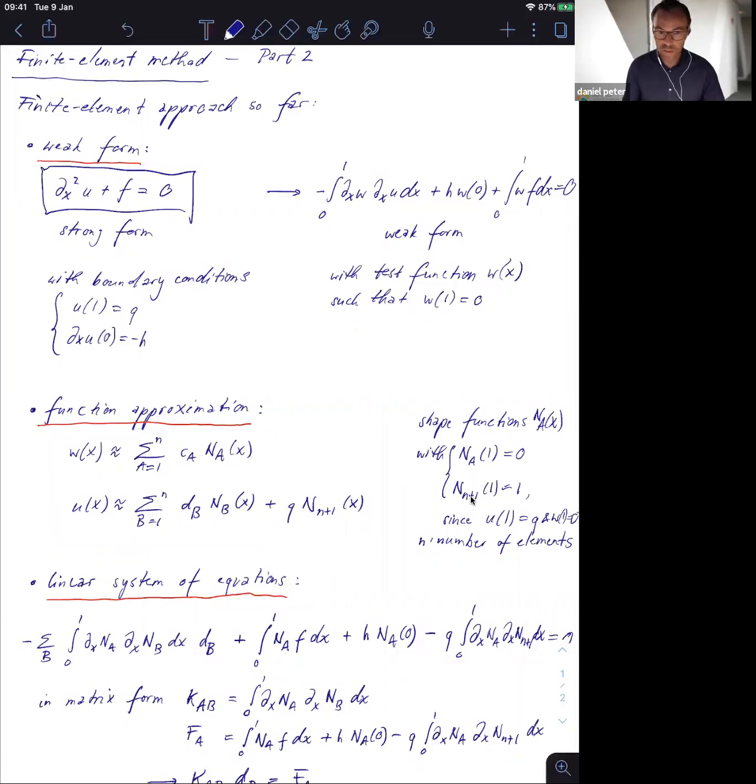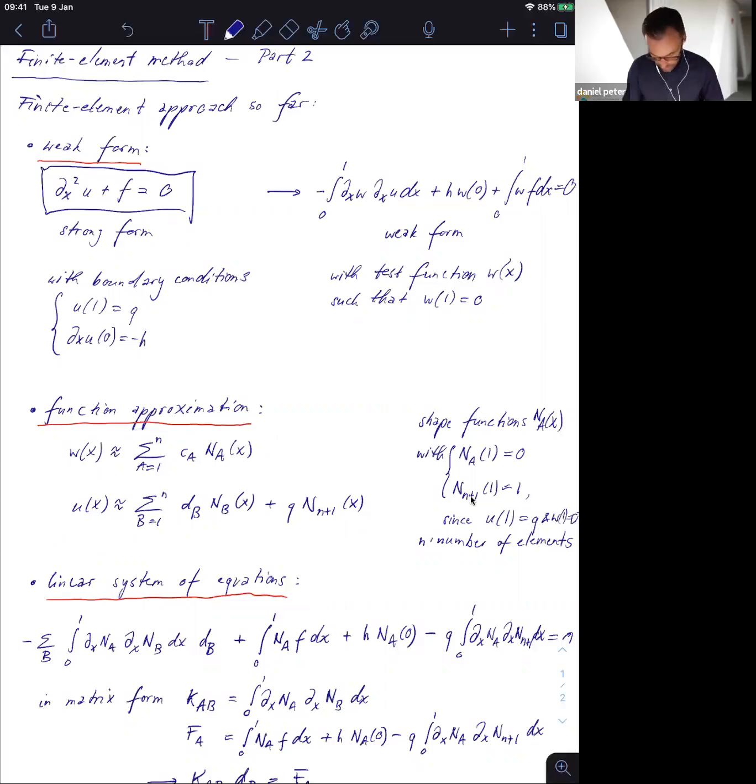Because for us, each element has 2 nodes. So in principle, we have n plus 1 nodes, but n elements. And because of the Dirichlet boundary, we then write the function approximation in this way.